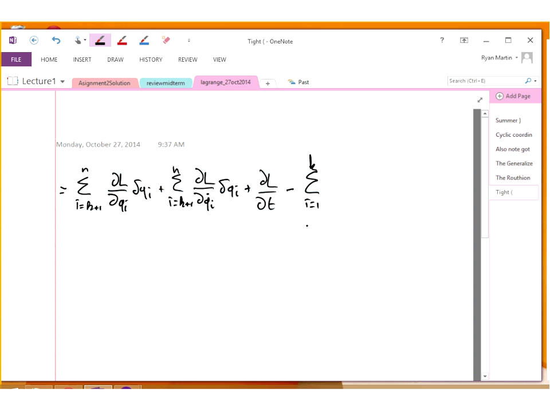And now it's the variation of beta i qi dot, so when you take that variation, it acts just like doing the product rule. So you end up with beta i δqi dot plus qi dot δbeta i. Okay?